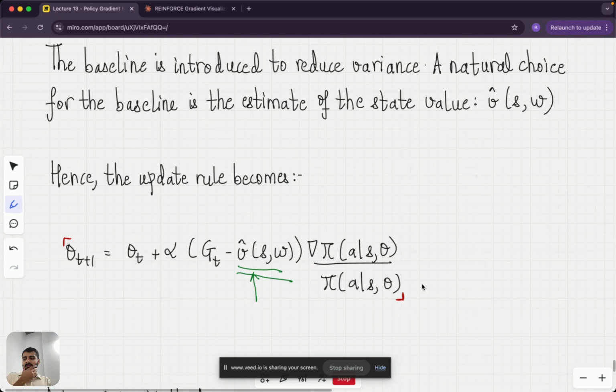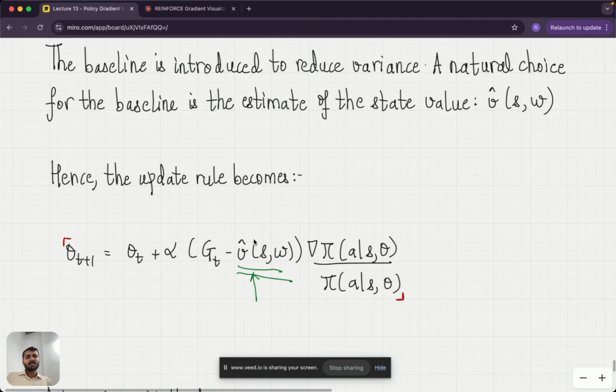Even in some modern algorithms like PPO and TRPO, there is a variation of this which people use, and a baseline is often added for reduction of variance in the final calculations.